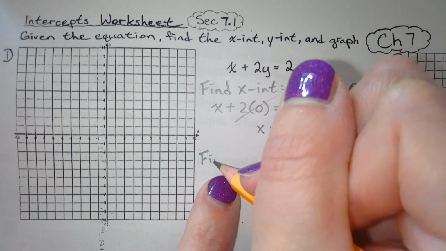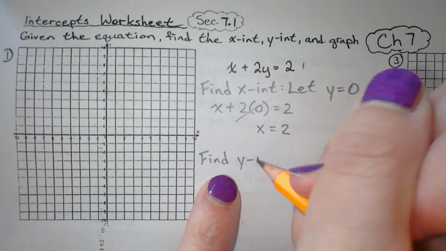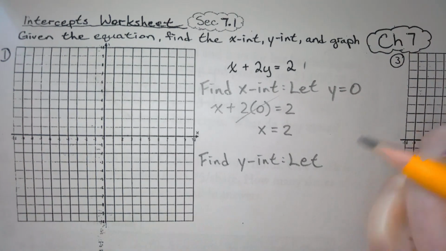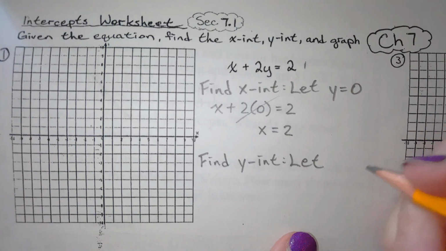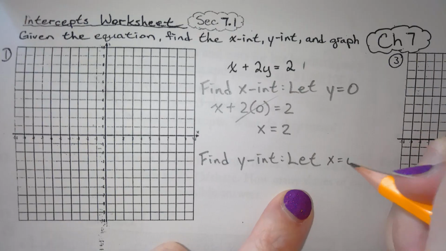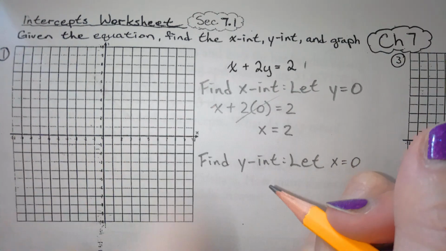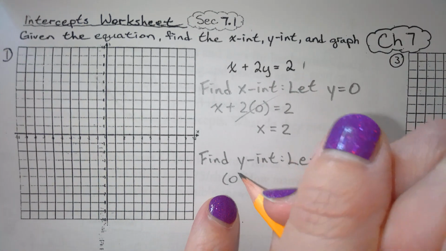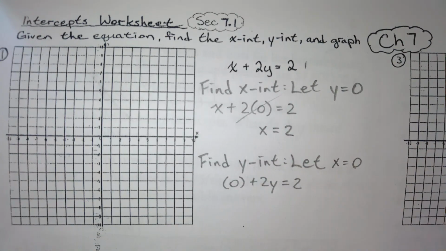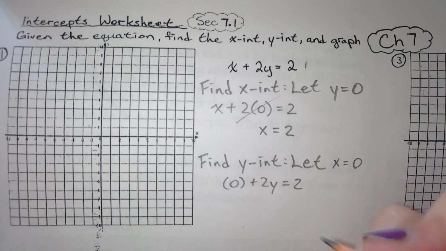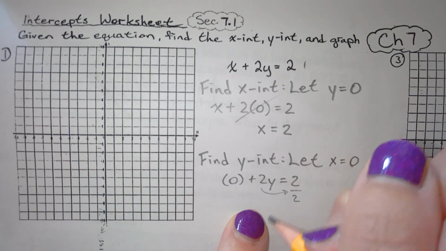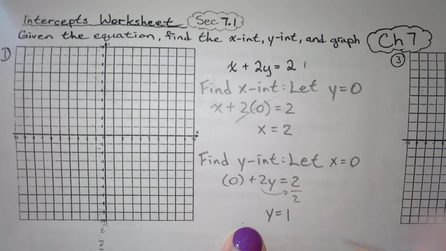So my next step right here, to find y-intercept, what do you think I'm going to let? $1 million question, Betsy. X is 0, yeah. So in this equation right here, if x is 0, that means I get 2y equals y. So when I divide it, y equals 1.